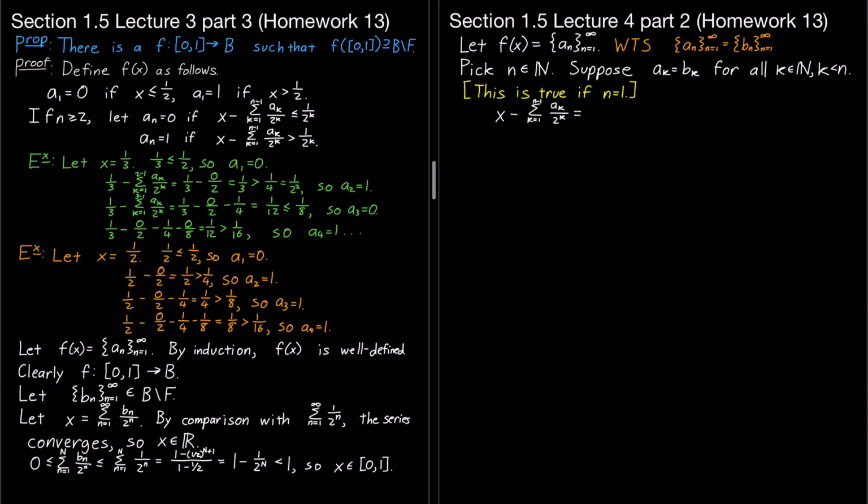So let's write out what this is. x is the sum from k equals 1 to infinity of bk over 2 to the k. Then we subtract off the sum from k equals 1 to just n minus 1 of ak over 2 to the k.